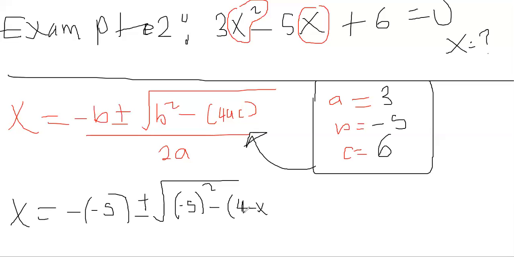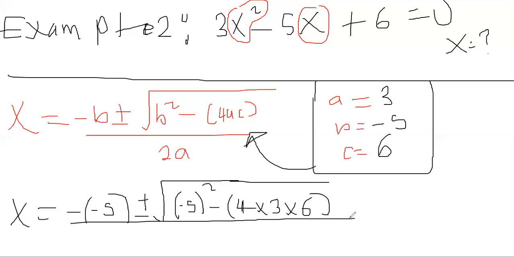This is 4 times 3, then times c, and we said our c is 6, all over 2 times a. So 2 times a, and our a is 3.